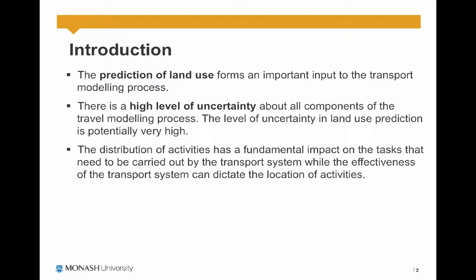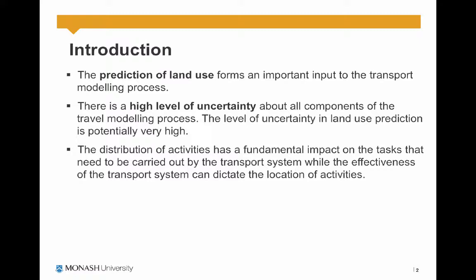The distribution of activities also has a very fundamental impact on the tasks that need to be carried out in the transport system, while the effectiveness of the transport system can dictate the location of activities.